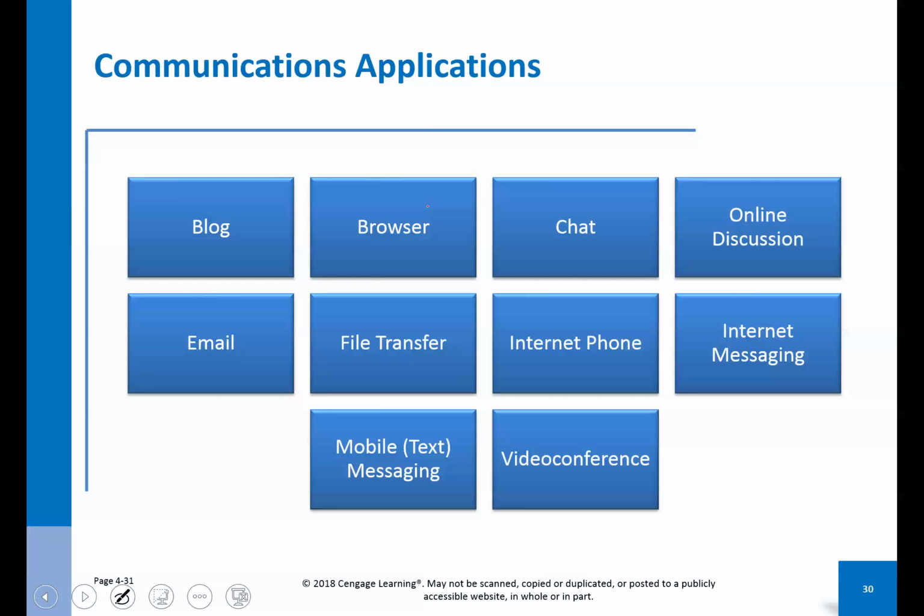Among the apps category that you see right here in the blue box, things like video conferencing, internet phone, and internet messaging, all three here basically are real time. That means the two parties connecting to one another can talk at the same time. Whether the two parties can listen to one another is another issue.